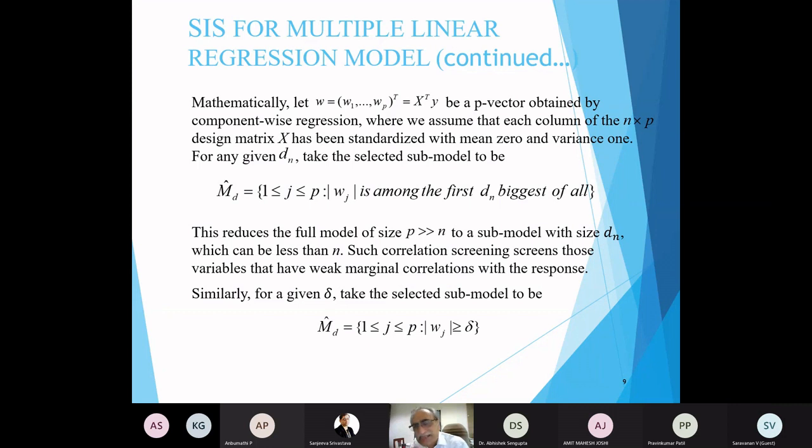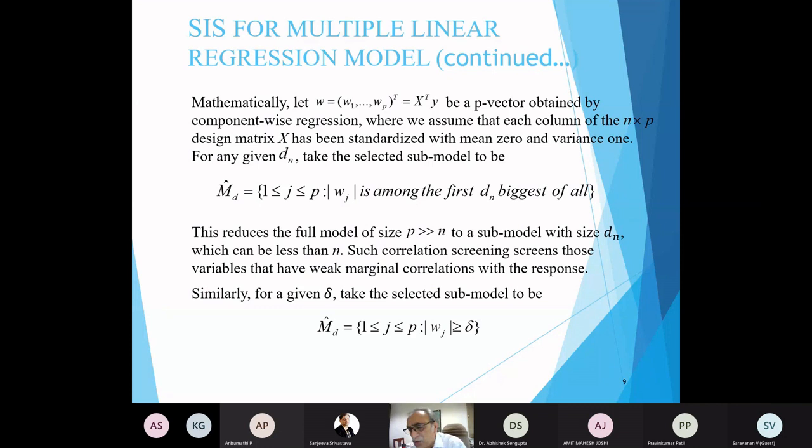That is what this sure independence screening helps us to do. You understood? I said regress y on x1, you get the coefficient beta 1, regress y on x2, you get beta 2, regress y on x3, you get beta 3, and so on. So at the end of this exercise, you get 19,200 estimated values of betas.